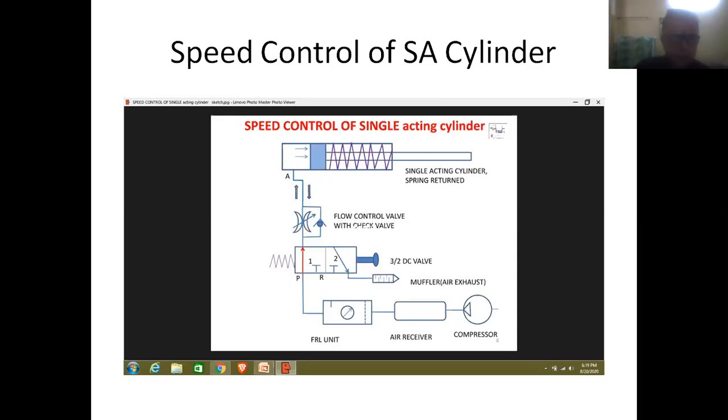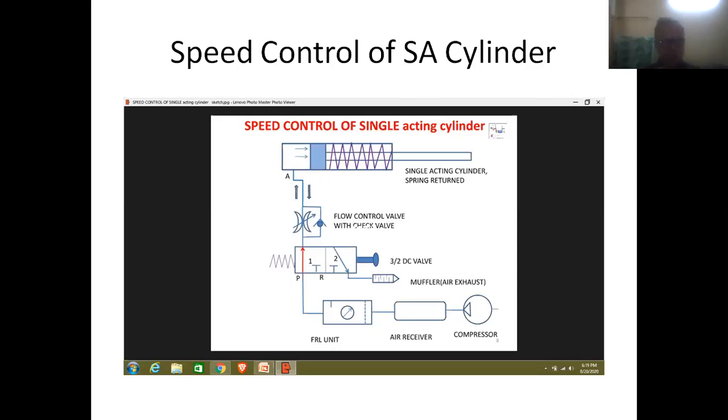And finally, the outlet of the regulator is fitted to the pipeline that is entering the port of the cylinder.